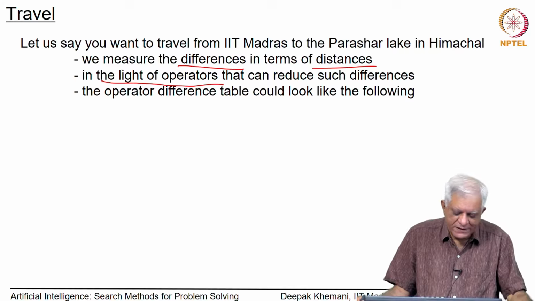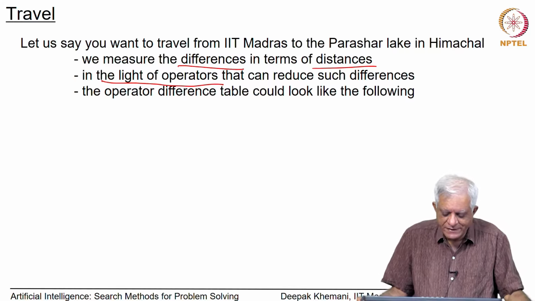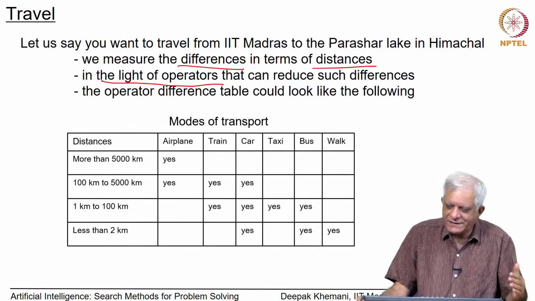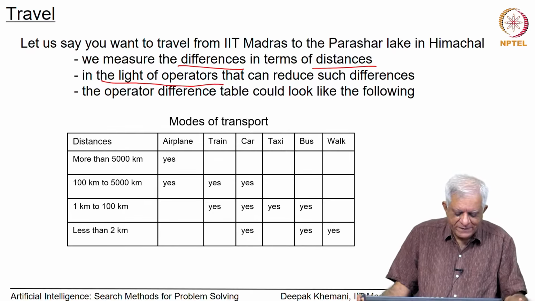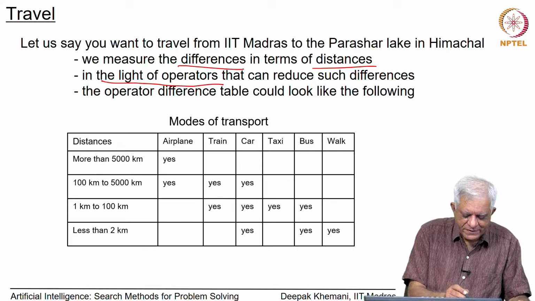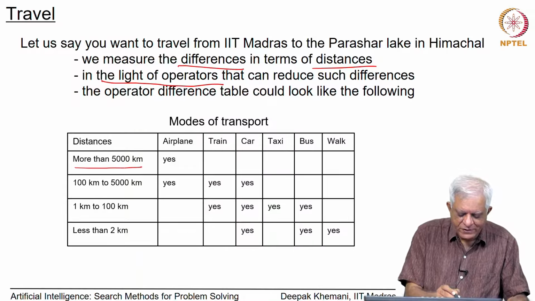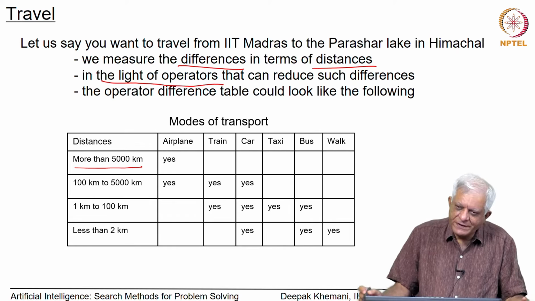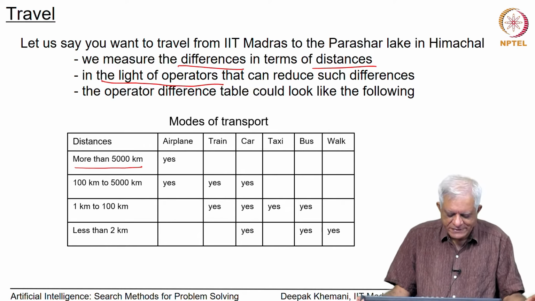Now, an operator difference table for a problem like this could look something like this, that differences are characterized by distances, and if the distance is more than 5,000 kilometers, which of course is not the case in India, but in general, then the only means that you can use is an airplane essentially.